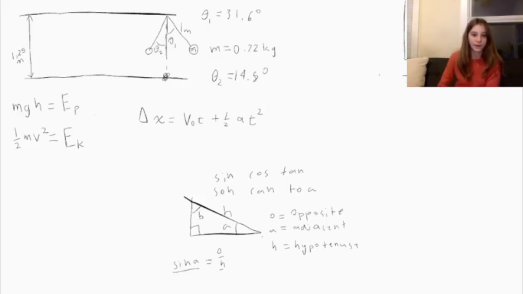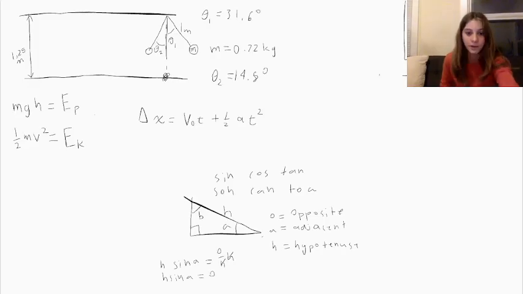Then we can figure out the opposite side length by multiplying both sides by h. These cancel out, be 1. So that means h sine A is equal to the length of your opposite side. There you go.